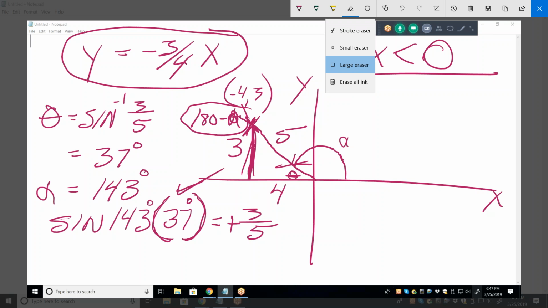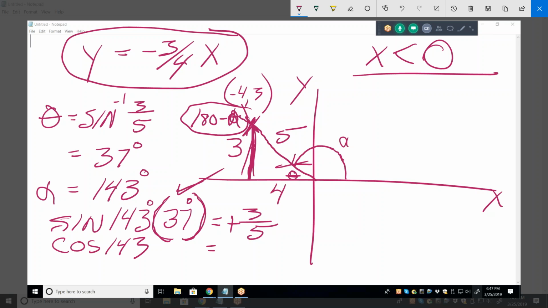Okay, do you need to go through the rest of them? Notice that you don't need your calculator here. What's the cosine of 143? I assume they want the trig functions of this angle, correct?